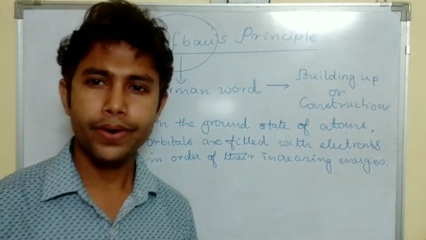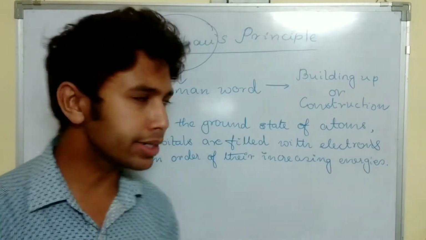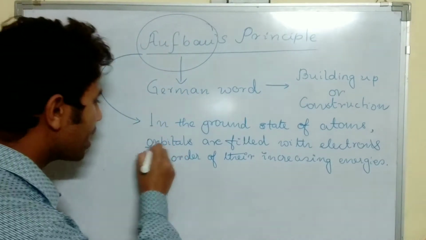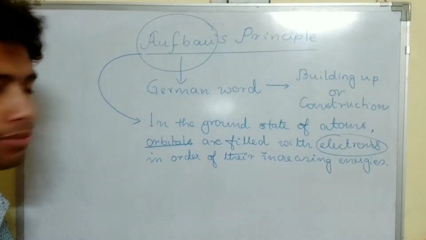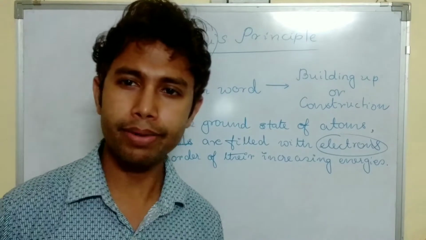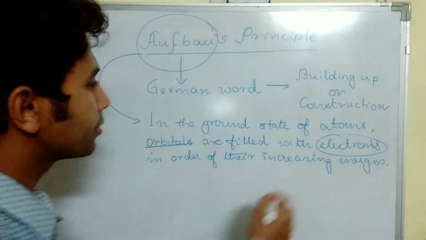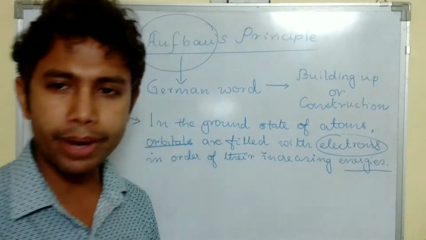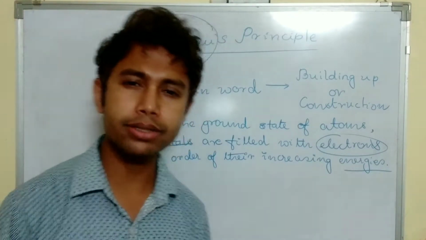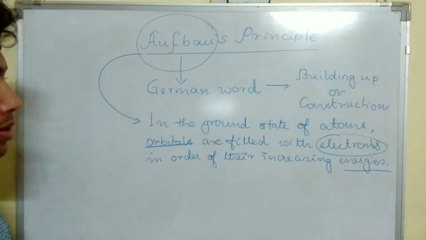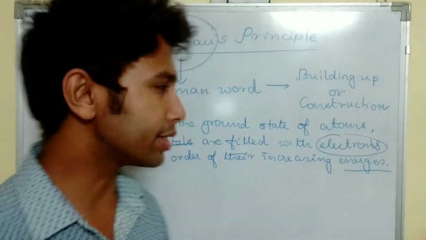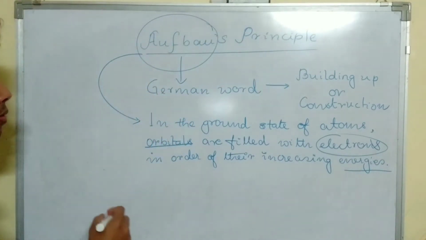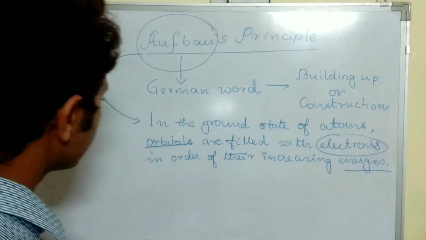Means when you go to fill up the orbitals of an atom with electrons, then what we have to do? First, we have to go to the lower energy orbital, and after completion of the filling of lower energy orbitals, then we have to move towards the higher energy orbitals. So let us suppose some orbitals.